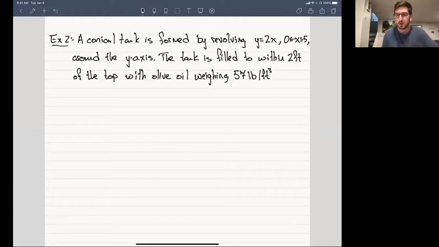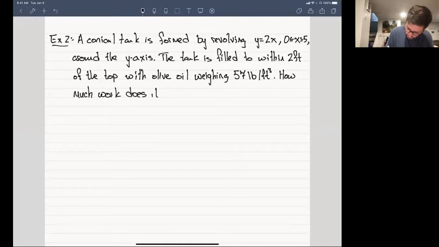So this is a volume here, or actually, this is a density. And then the question is, how much work does it take to pump oil to the rim of the tank?